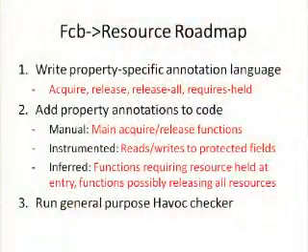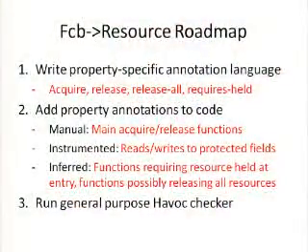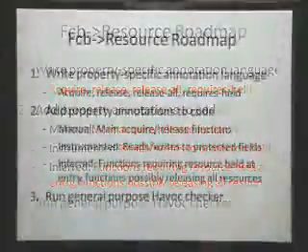So let's go back to our roadmap. We need a property-specific annotation language that describes everything we've seen related to the Fcb resource, which is not just acquire and release, but also release all, as well as requires held. Then we need to add these annotations to the code. We need manual annotations for the acquire and release functions, which have fairly complex path-sensitive behavior depending on which flags are passed in.